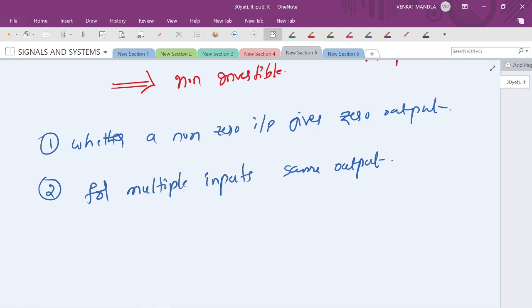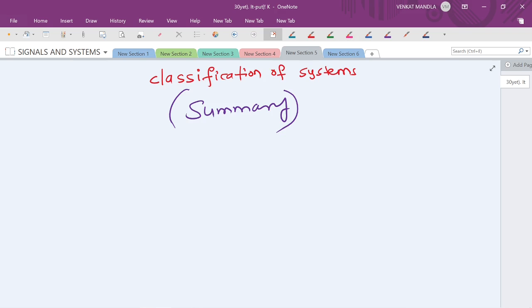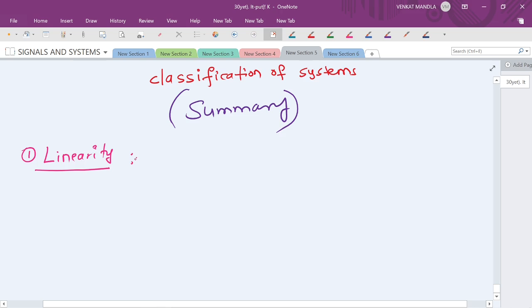Okay, so with this, I concluded the classification of systems, and I want to summarize. So here is the summary of what to check. The first one is linearity. What to check for linearity?